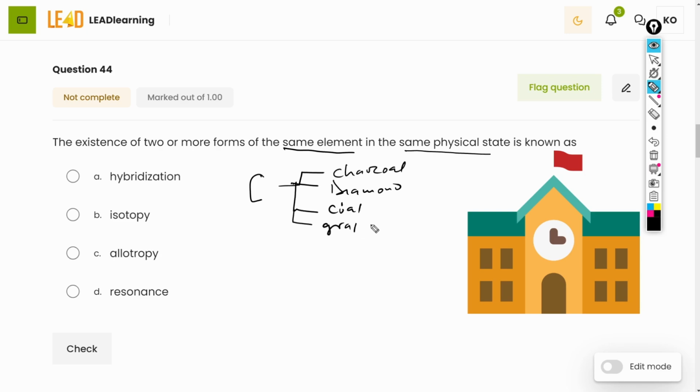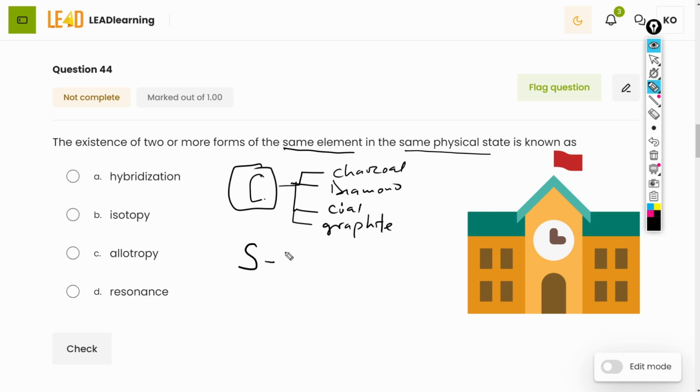Now, these are all forms of the same element in the same physical state of carbon. This concept or phenomenon is called allotropy. Apart from carbon, sulfur also exhibits this phenomenon.